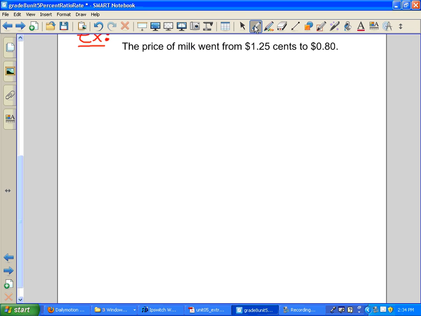Now, what if the milk went down in price? It went from $1.25 to 80 cents. So let's take the amount it increased or decreased on top, and then the original. Remember that formula? So it went down from $1.25 to 80 cents.